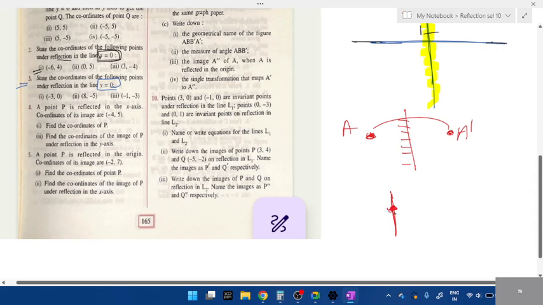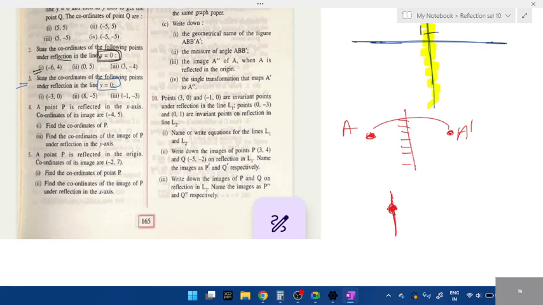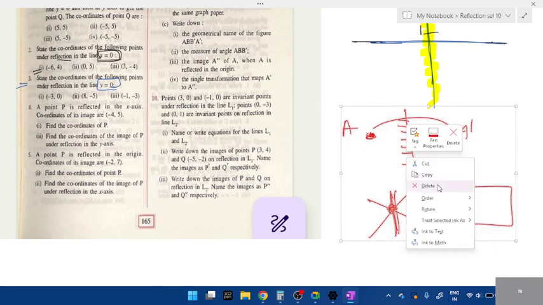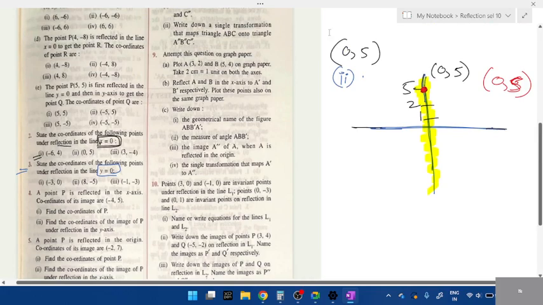No, reflection is not possible, student. This is known as reflection on its own axis, an invariant point. Imagine you're holding the mirror in a flat line, there won't be any reflection. Fine. So this is the concept.